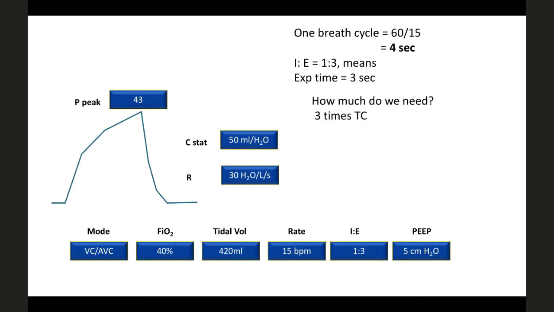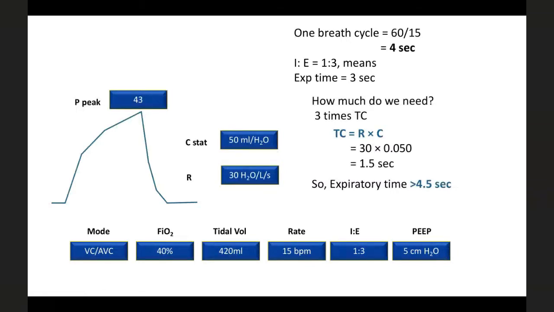Now we'll see the time constant. We need at least 3 times the time constant as expiratory time. How do you get the time constant? Resistance into compliance. So 30 into 0.05, as mentioned, compliance has to be converted into liters. So it becomes 1.5 seconds time constant.